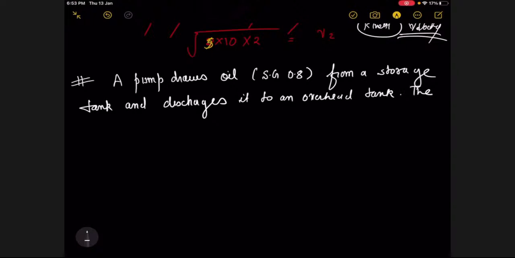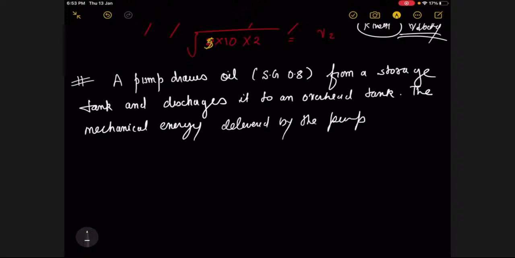The mechanical energy delivered by the pump to the fluid is 50 joule per kg.